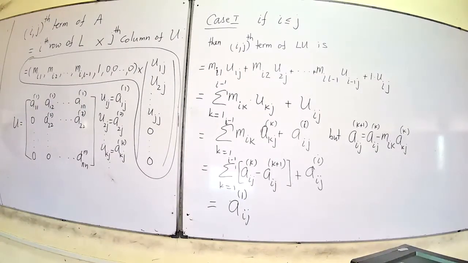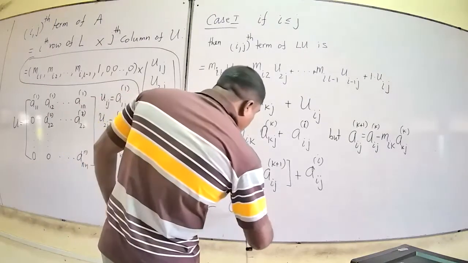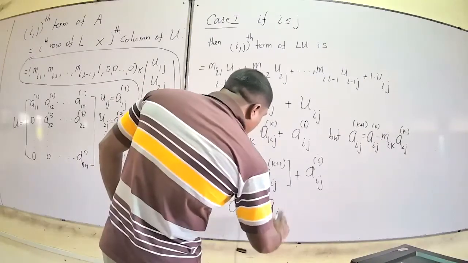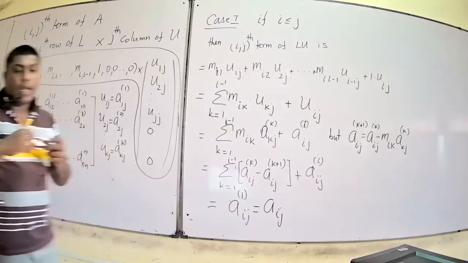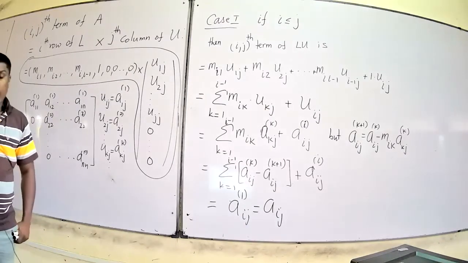According to the notation, Aij1 is the notation we gave for the initial matrix A. So this is the same as Aij, the corresponding component in A. So that is the first case, when i is less than or equal to j.